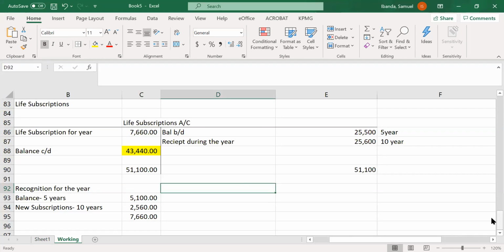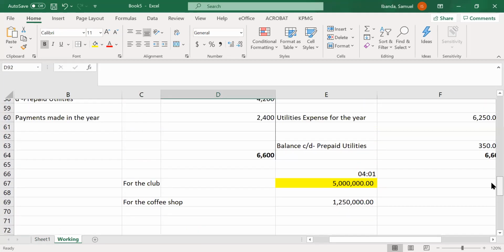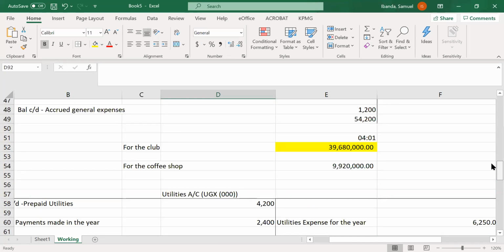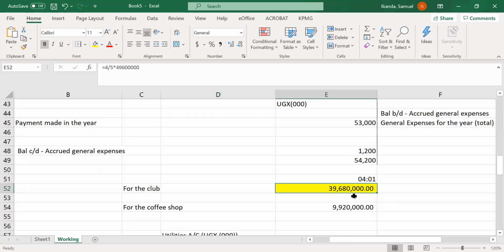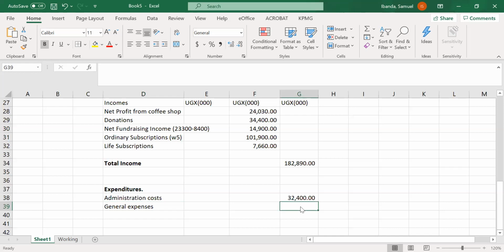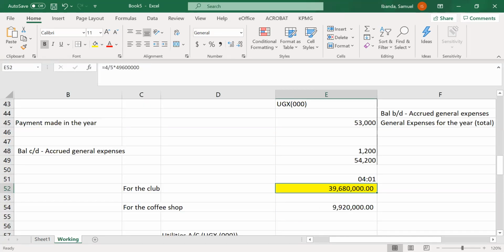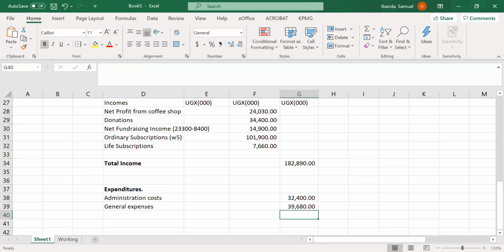You remember when we calculated our general expenses, we said that 39,680 should be recorded here. So I'll just come here and say 39,680. So 39,680 is supposed to be for the club, for general expenses. The other 9,920 was recorded for the coffee shop.